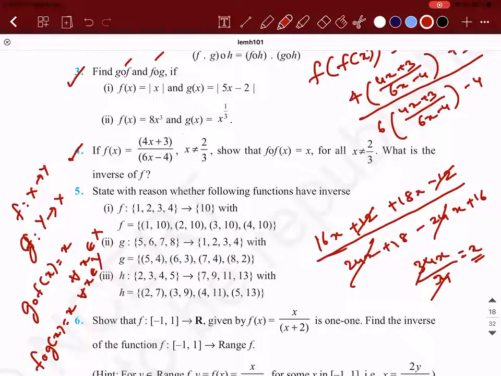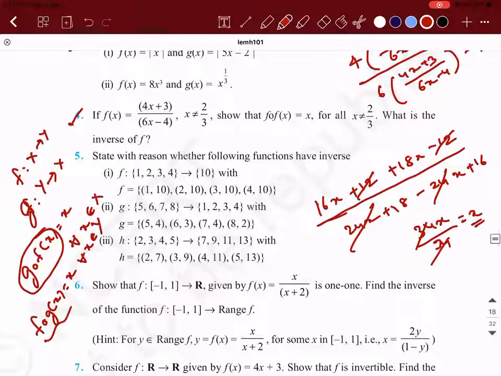Correct? If this is the case, what can you say about this? Can I say f is the inverse of g? In the second case, g is the inverse of f.